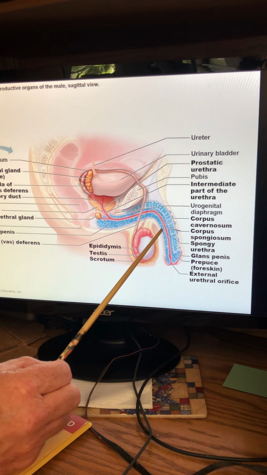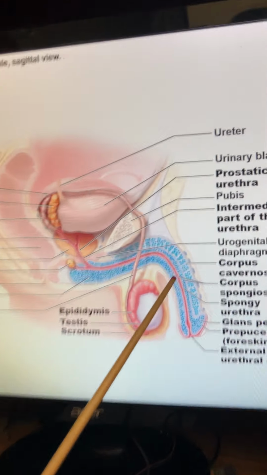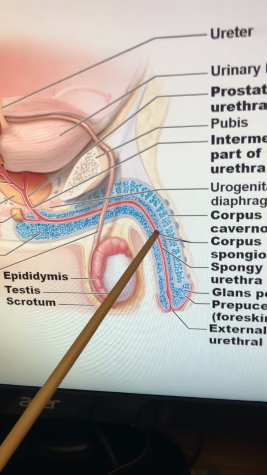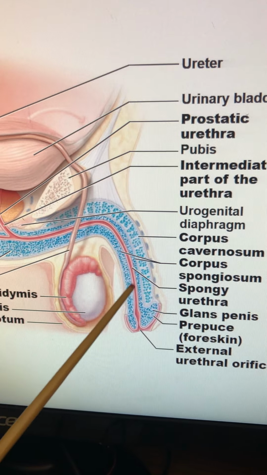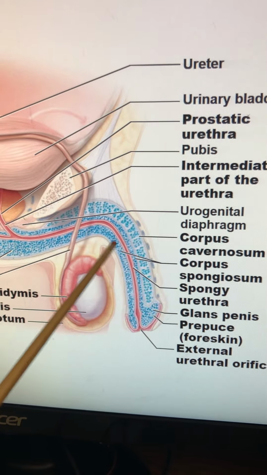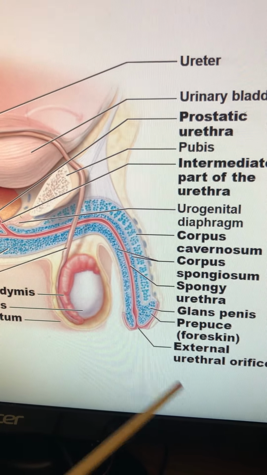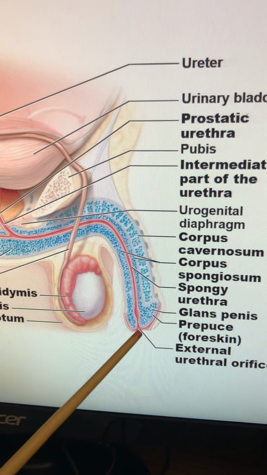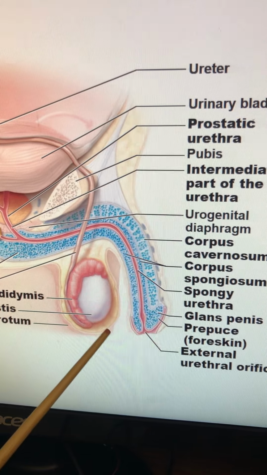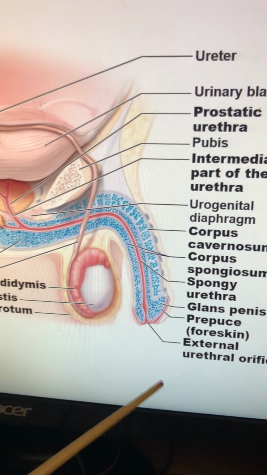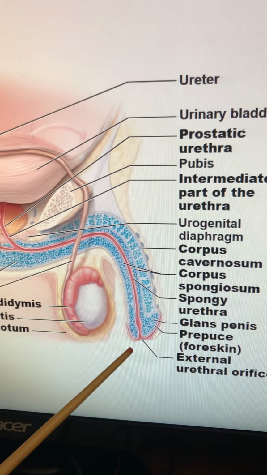On either side of it is going to be the corpus spongiosum. So the corpus spongiosum, this blue on either side of this pink tube here, is going to have a responsibility of maintaining an erection during ejaculation. You really don't want anyone to step on your garden hose so that you can't have urine come out the other end.